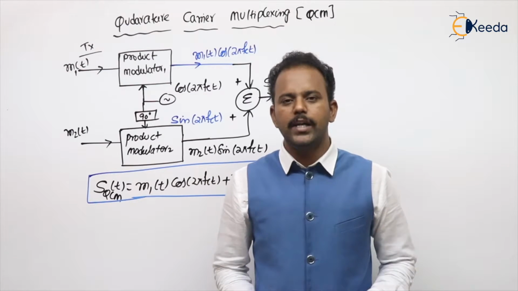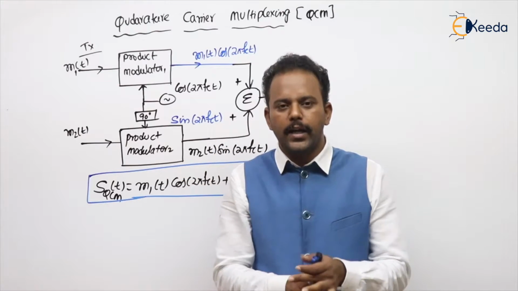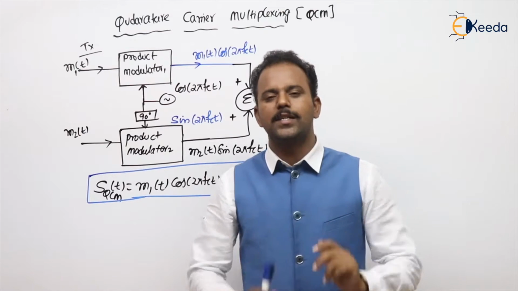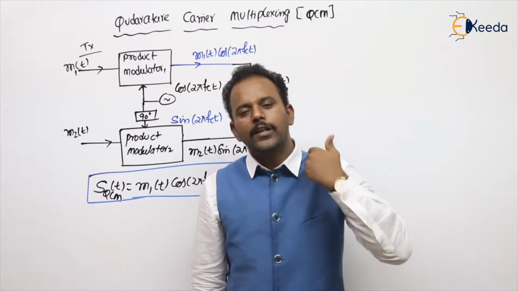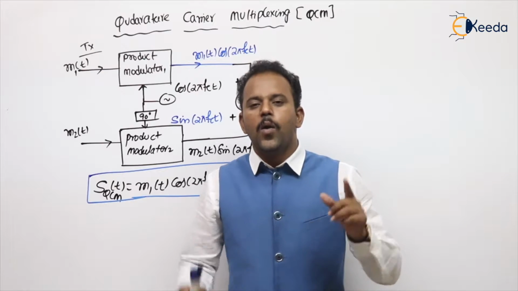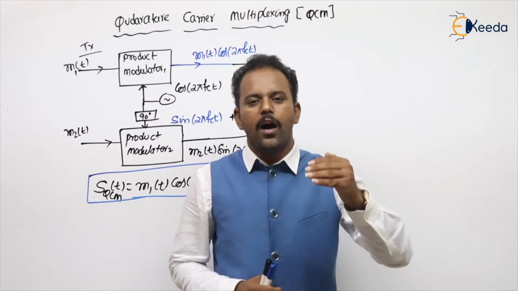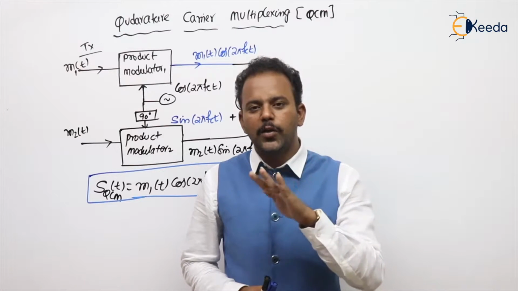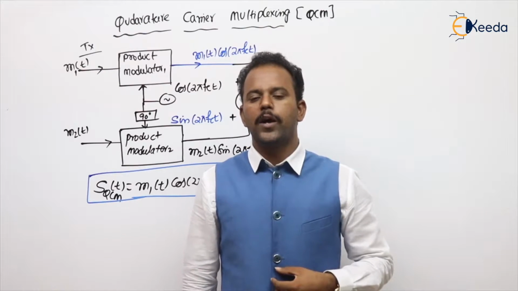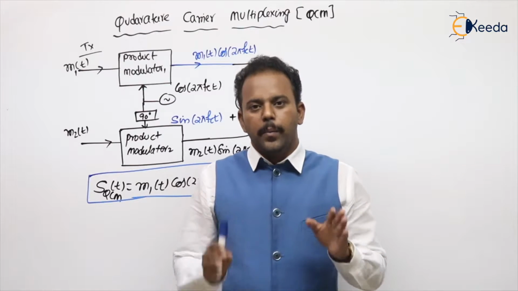My intention is that practically, whatever the message may be, the frequency band will be the same. Like you are seeing TV. In TV there are a number of channels. Whatever the channel, if you tune, only two things will be there: audio and video. Audio means 20 Hz to 20 kHz, video means 0 to 4.5 megahertz.